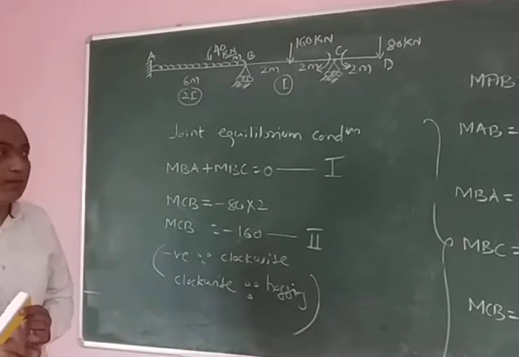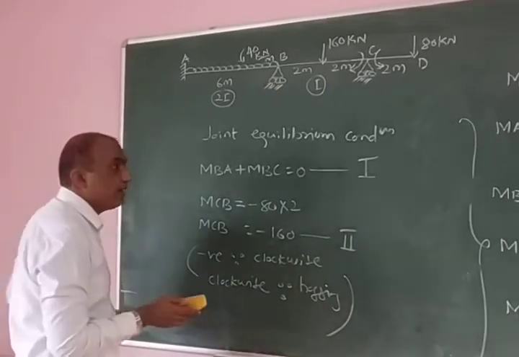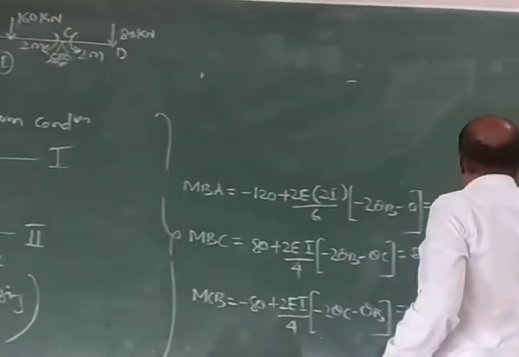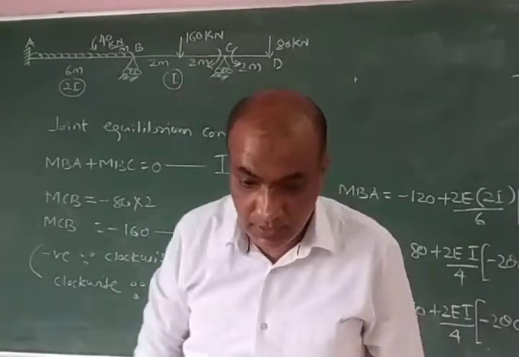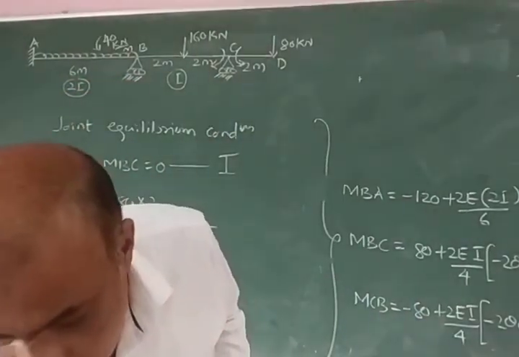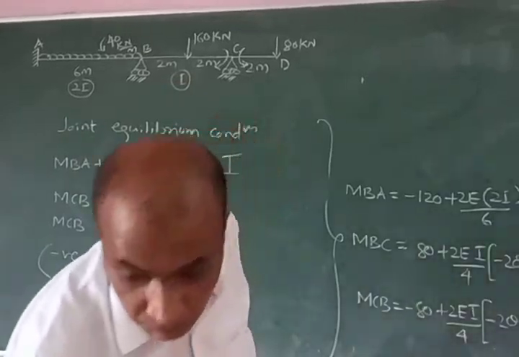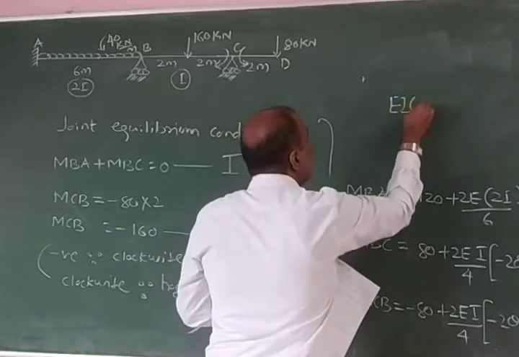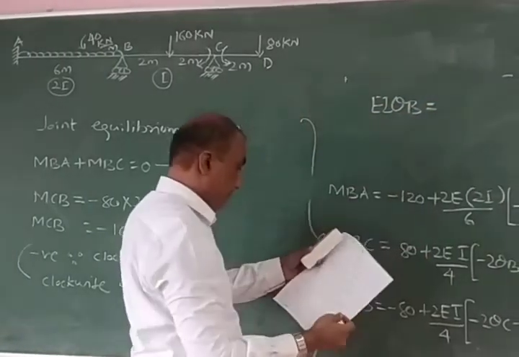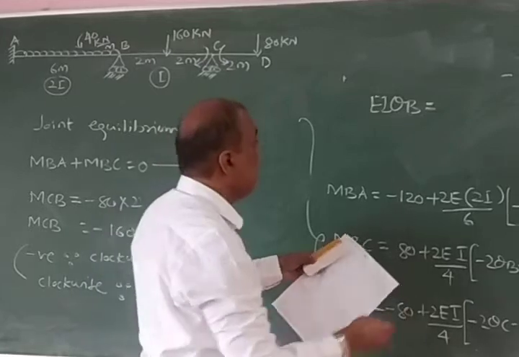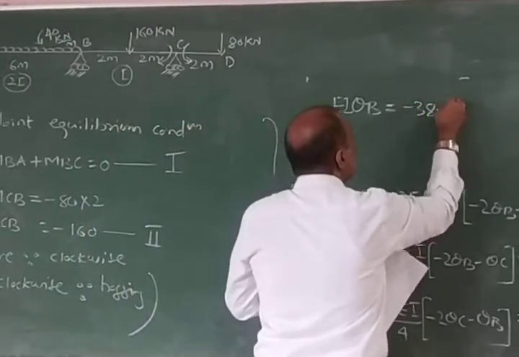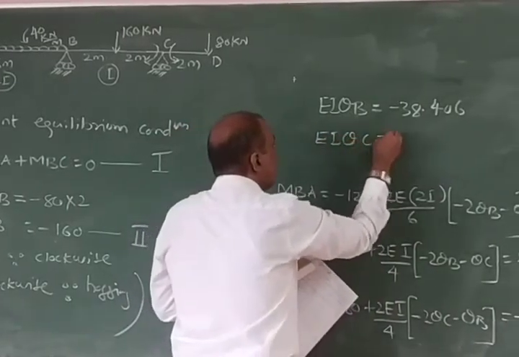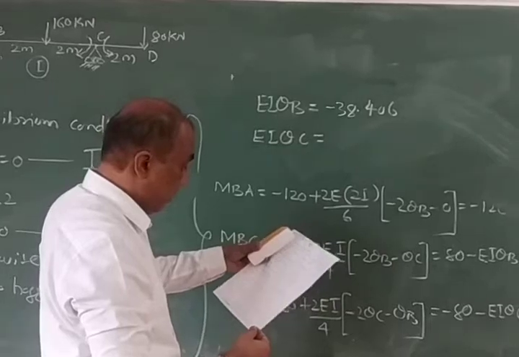What you are going to get is EI theta B and EI theta C. I have already done that, so I will write the calculations here. You can check your answers: EI theta B is equal to minus 38.406 and EI theta C will be equal to 99.20.